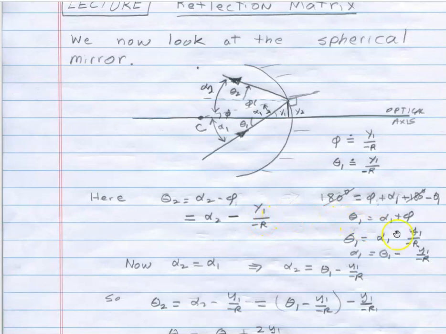I can do a similar thing for the alpha. Again, alpha 1 is the angle of incidence, and it's related to, let's see, which triangle do I want?